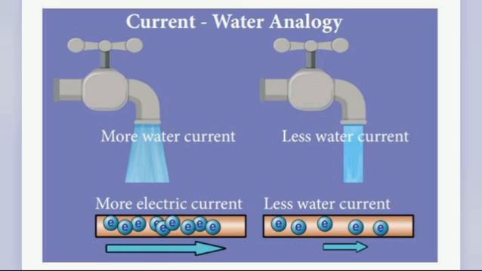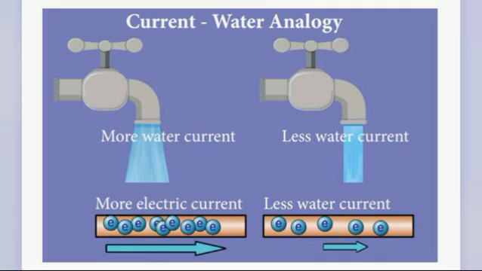Water flowing through pipes is a pretty good mechanical system that is a lot like an electrical circuit. This mechanical system consists of a pump pushing water through a closed pipe. Imagine that the electrical current is similar to the flow of water through the pipe.